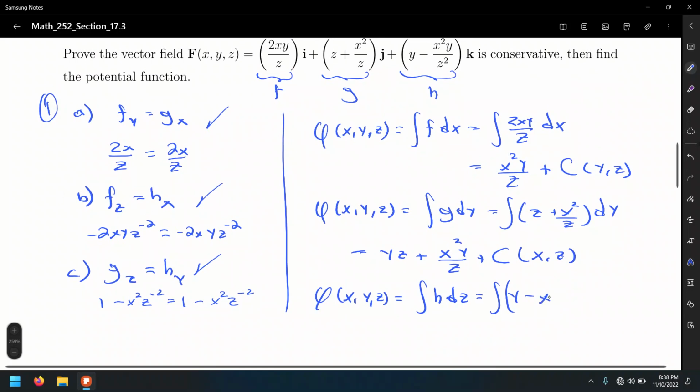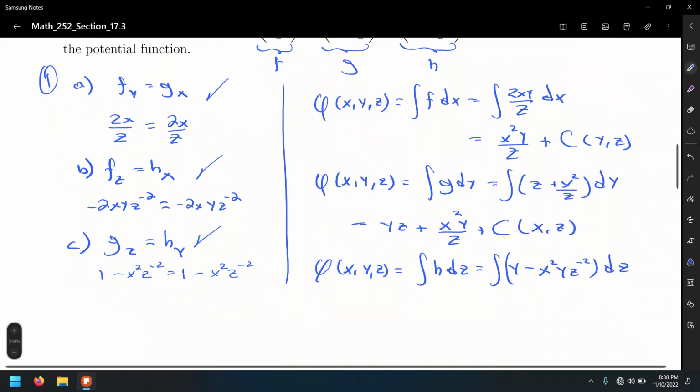So that's x squared y z to the negative 2 dz, and we'll integrate y with respect to z. That's going to be yz, and in this case, minus x squared y z to the negative 2 plus 1, over negative 1, plus c of, in this case, x and y.